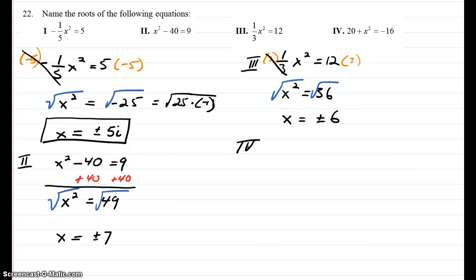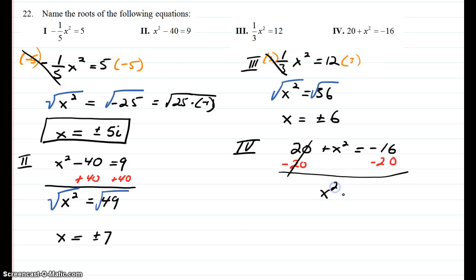And the last problem, 20 plus x squared equals negative 16. Need to get the x squared by itself, so we subtract 20 from both sides. And so we end up with x squared equals negative 36.